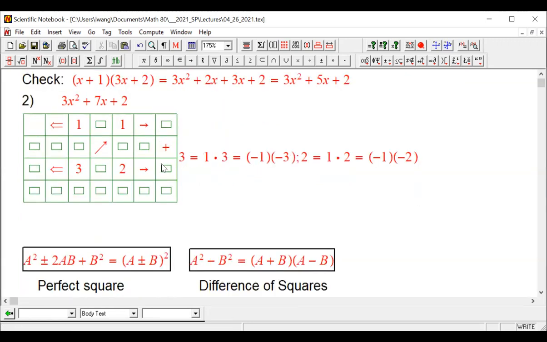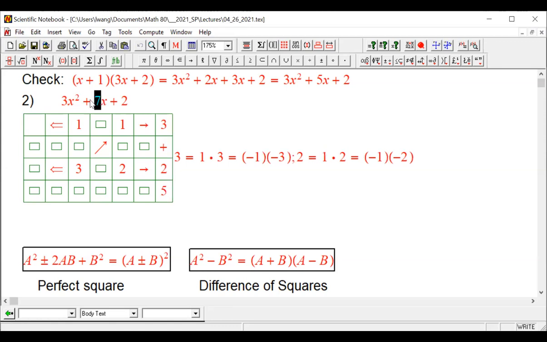If we use 1 times 3 for the leading coefficient, and 1 times 2 for the constant, we are getting 3 here and 2 here. 2 plus 3 is 5, but the number we want to match is 7. That's not going to work.